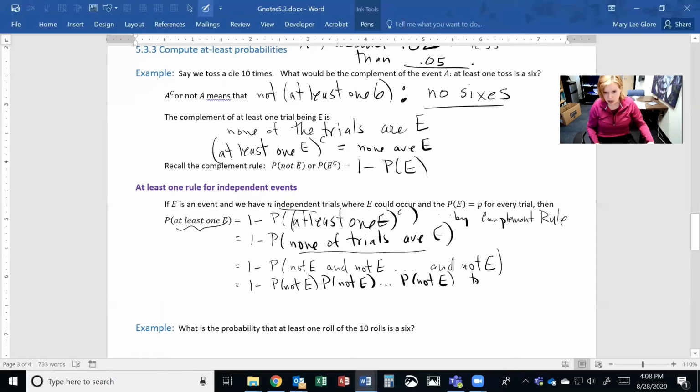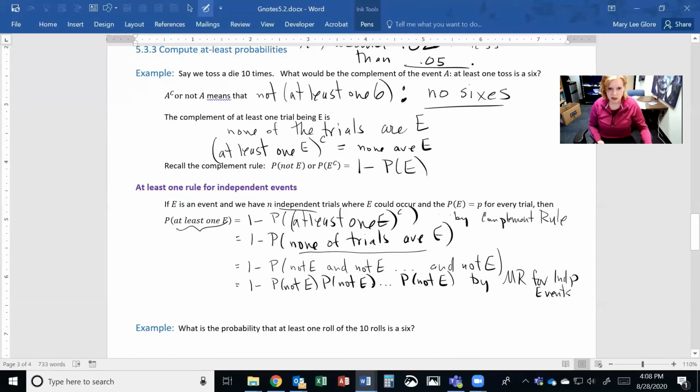And this is by, and I'm going to call it MR, the multiplication rule for independent events. INDP is my abbreviation for independent, but MR is definitely the abbreviation for multiplication rule.